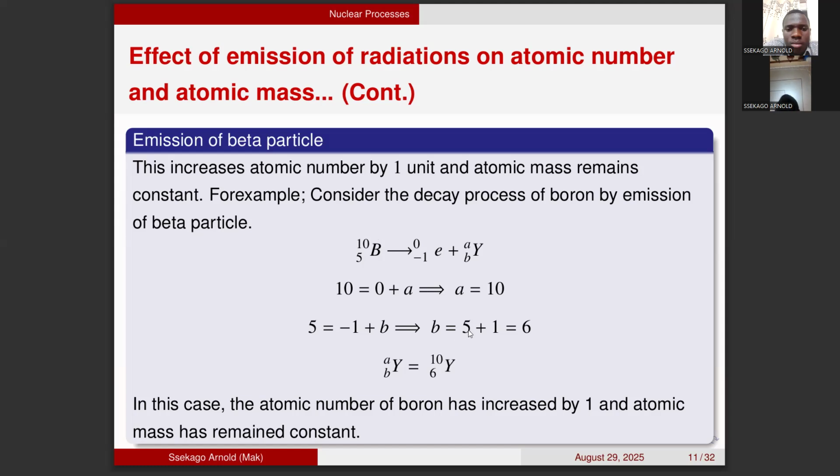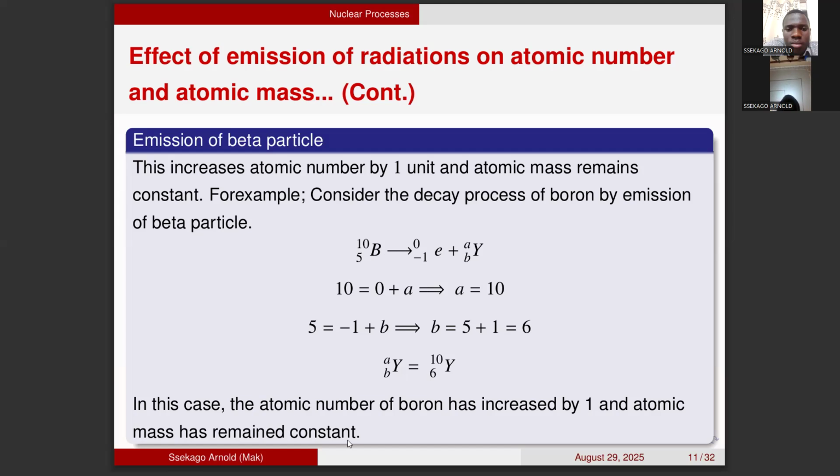However, for atomic number, we have seen here that it has now become 6. Originally, it was 5. Now down you have 6, because the value of B we have obtained is 6. So in this case, what has happened? Atomic number of boron has increased by 1, and atomic mass has remained constant.